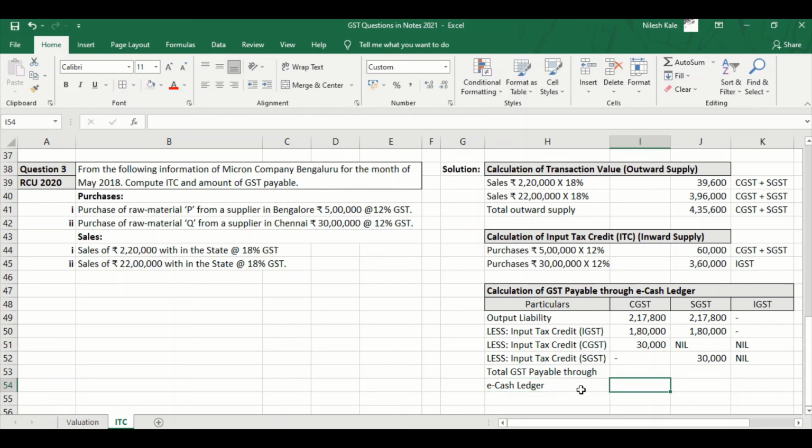How do I calculate this? Equal to this minus these two. Okay, it is not taking.